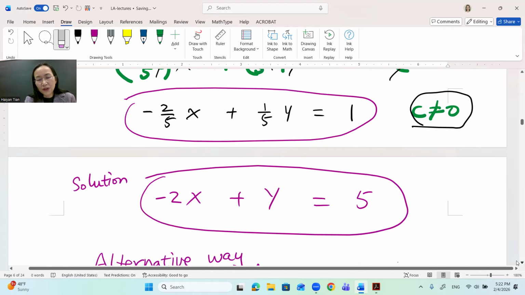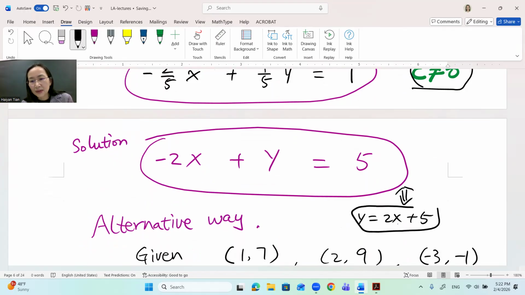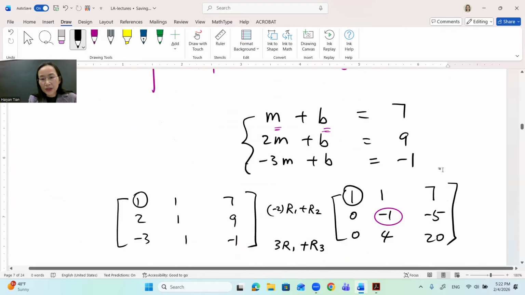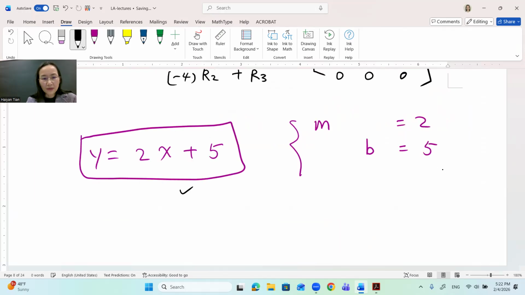And hence, we found a unique solution of this form, which is really the same as y equals 2x plus 5 in slope y-intercept form. So 2x plus 5. So this is the solution; if we used the second approach, we got the same, 2x plus 5.